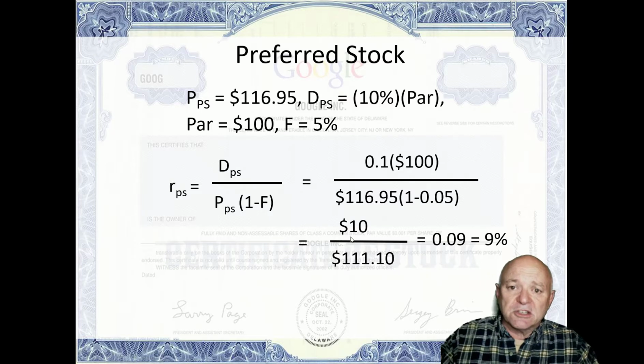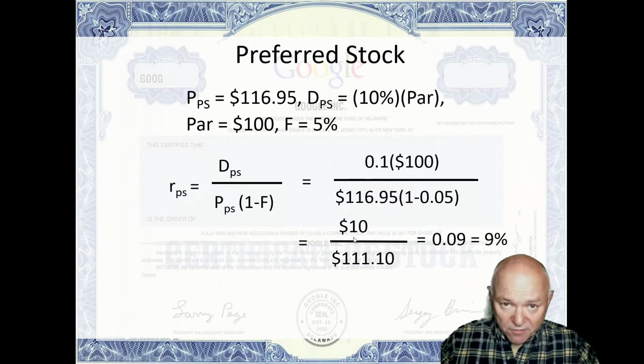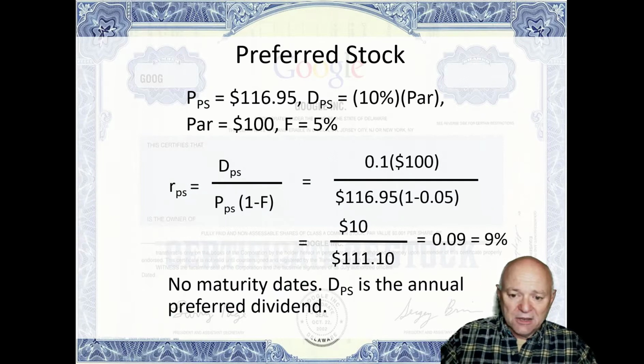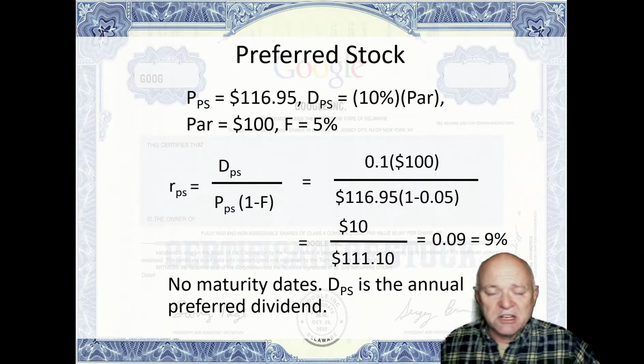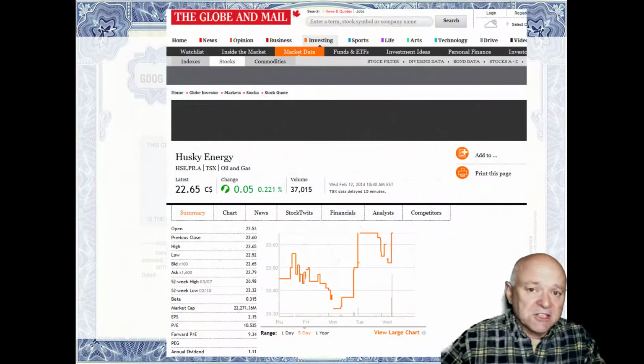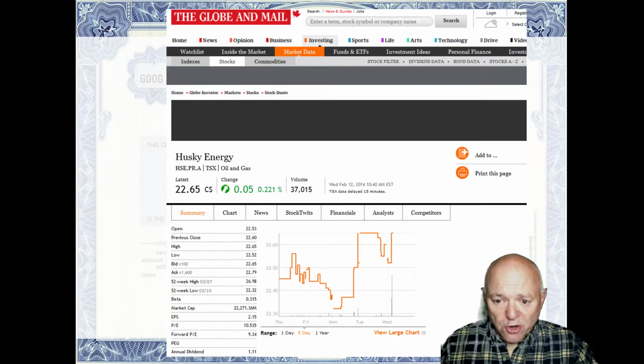And so that gives us the total yield: $10 effective yield on an asset that's valued at $111, or 9%. There are no fixed maturity dates, and the dividend per share is the annual posted preferred dividend. You'll see that in some cases preferred shares actually trade just like stocks do.